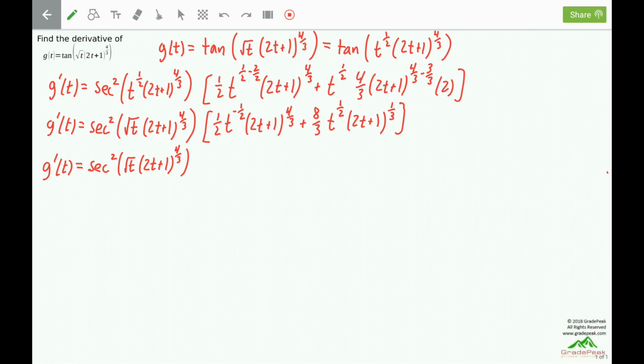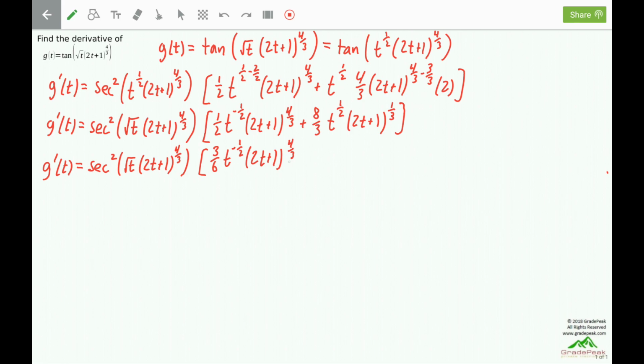I have a 1/2, a 1 over 2, and I have an 8/3, an 8 over a 3. The common denominator will be 2 times 3, or 6. So I'm going to multiply this first fraction, 1/2, by 3 over 3, which will give us 3 over 6. So we have 3 over 6 t to the negative 1/2 times 2t plus 1 to the 4/3.